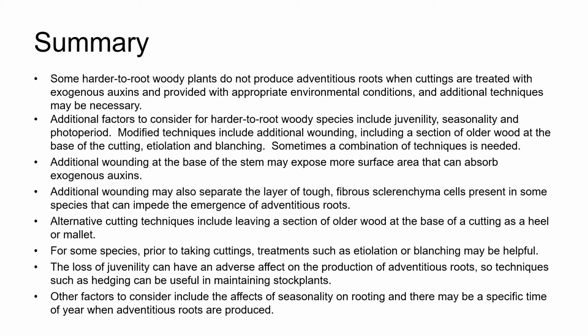Additional factors to consider for harder to root woody species include juvenility, seasonality, and photoperiod. And additional modified techniques that we can try out include additional wounding, including a section of older wood at the base of the cutting, etiolation, and blanching. And sometimes we need to try a combination of all of these techniques.